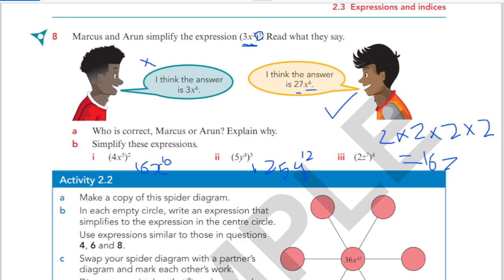And z is equal to 7 into 4, 7 4s are 28.